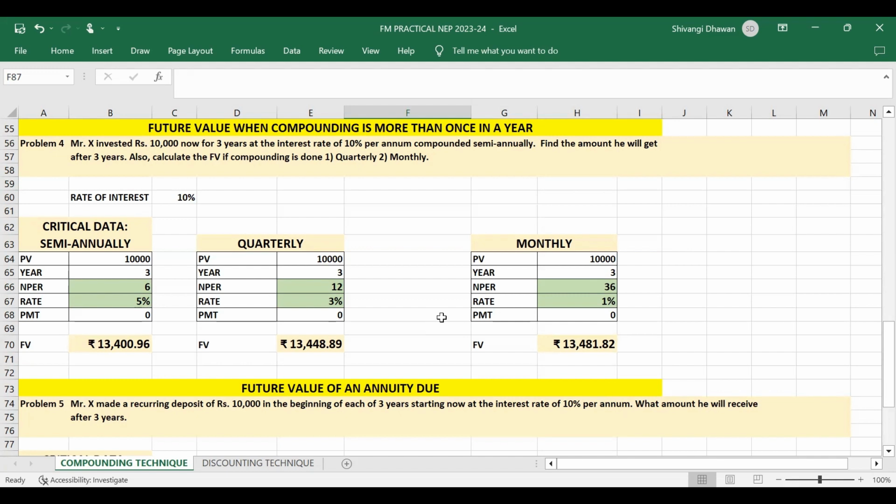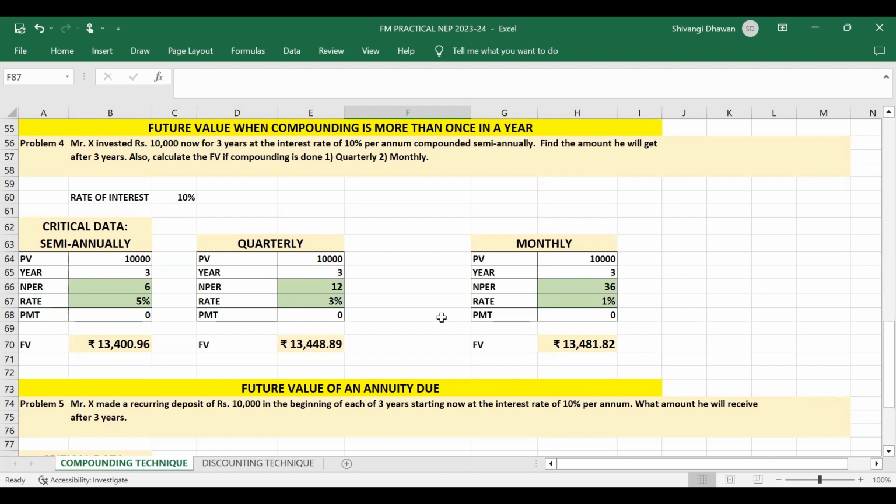Since the compounding is more than once in a year, the effective rate of interest will be different from the actual rate of interest given on a per annum basis. So the first thing we are required to do is to change our rate and our number of periods.